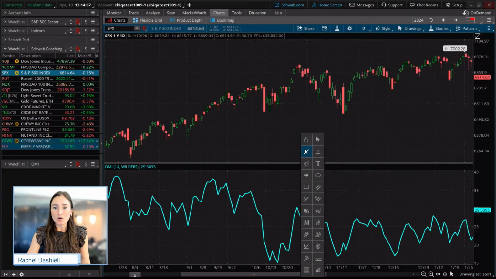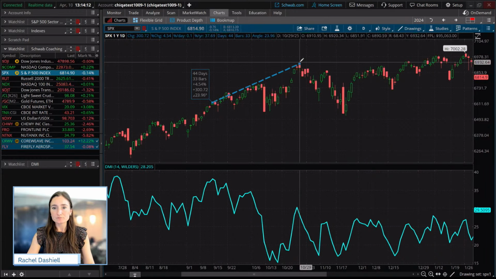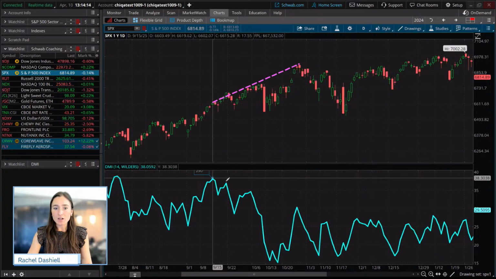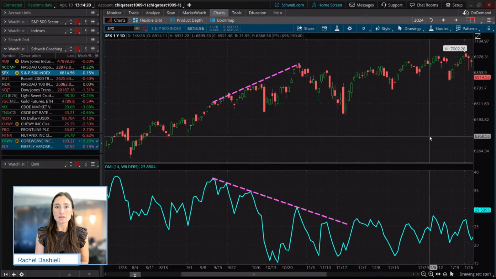Notice how as price was making higher highs here, we actually had a lower high being made in the positive directional movement. That is a signal in itself, telling us that there may be a little bit of slowing momentum to the upside, because the directional movement is reaching lower highs while price is reaching higher highs.